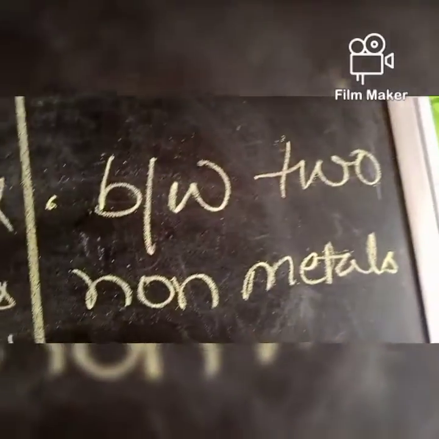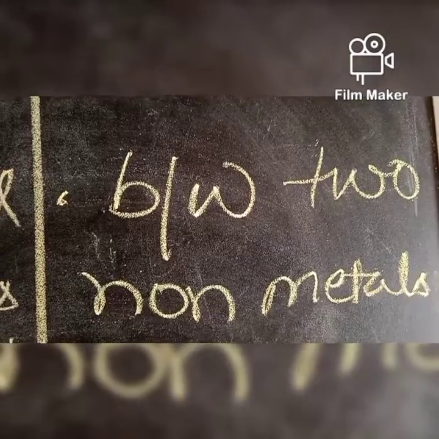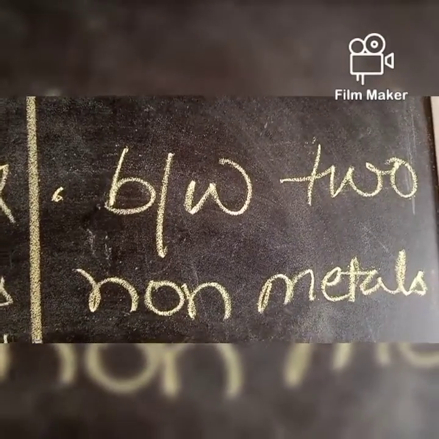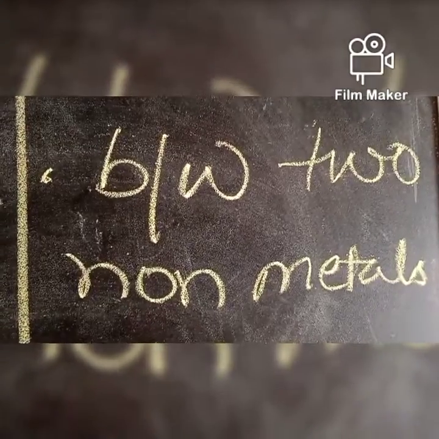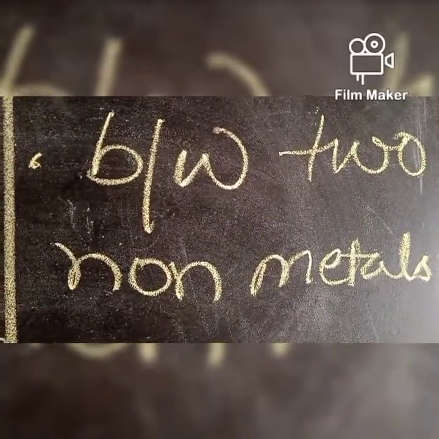And the sharing happens when the two units are present which are not able to give the electrons, so they need to share it. That means the electron acceptors, that means the non-metals, combine with each other to form the covalent bonds.